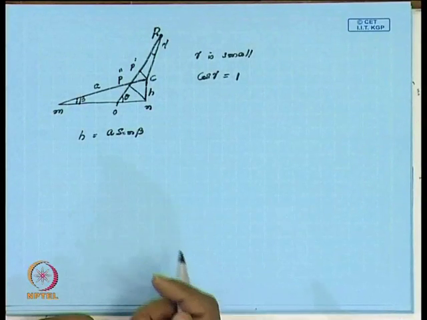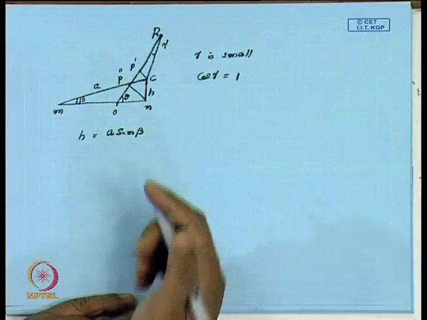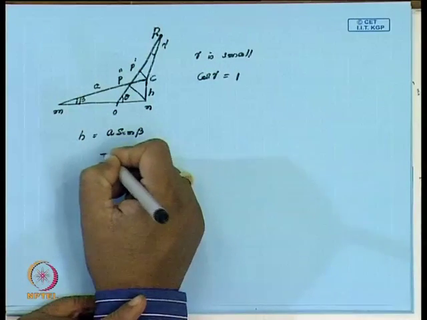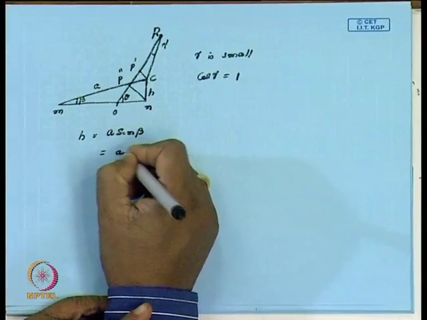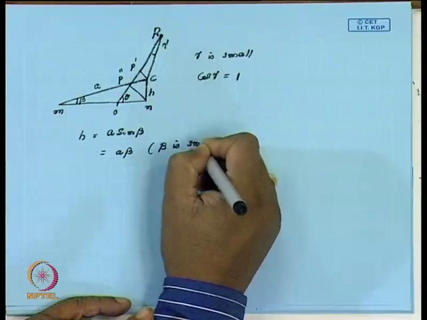Now, what will I do? A sin beta, since beta is small, I can call it A beta, assuming beta is small.